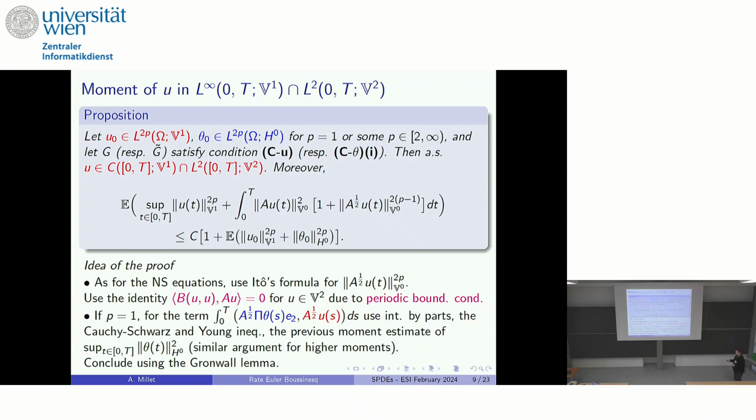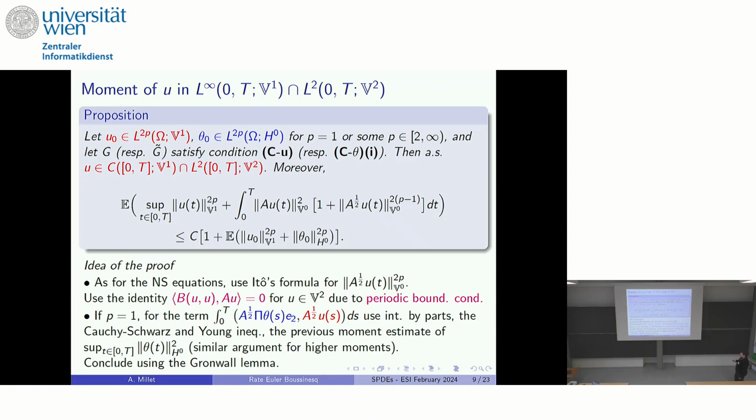Well, it's very easy. You are encountering this term, right? You are applying Ito's formula to the V0 norm of A to the 1/2 u. So this shows up. Then here you just use integration by parts. You put the A to the 1/2 on u.